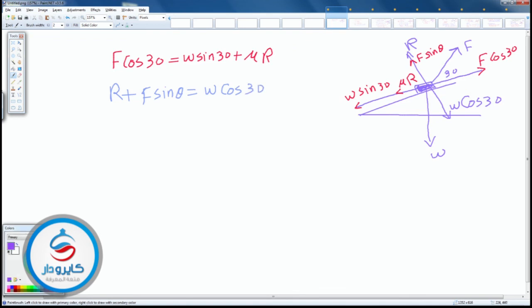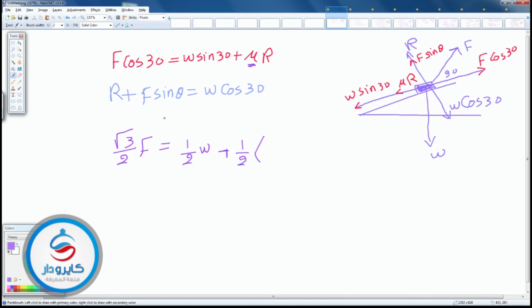By solving both equations together, we get root 3 over 2 F equals W sine 30, which is half W, plus half, which is mu, times R.